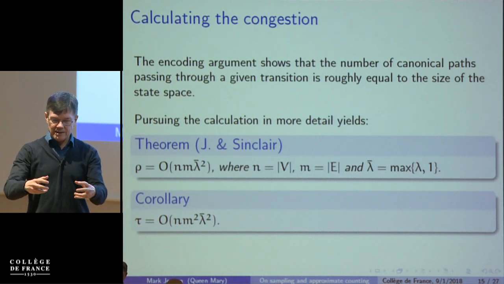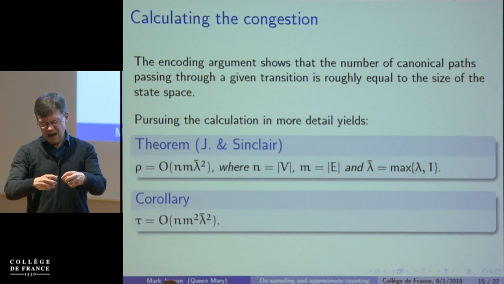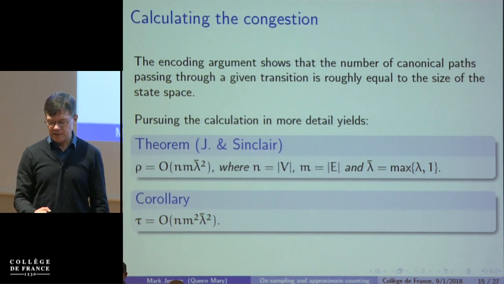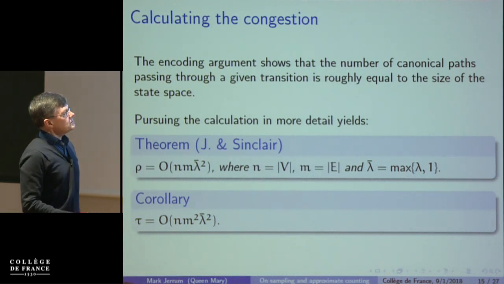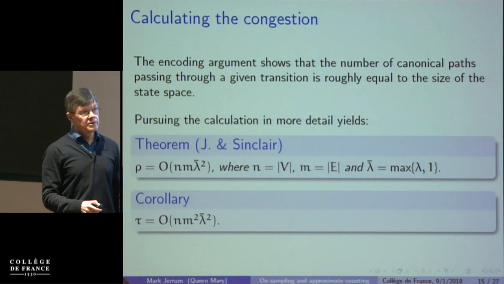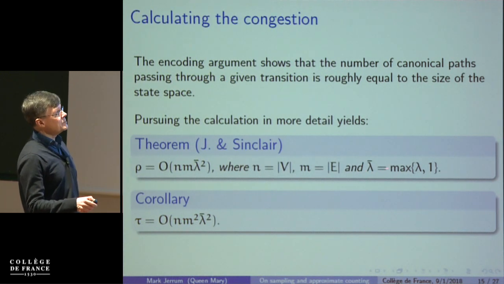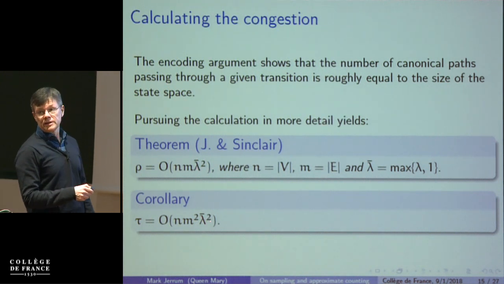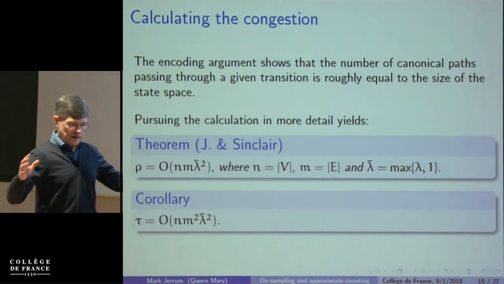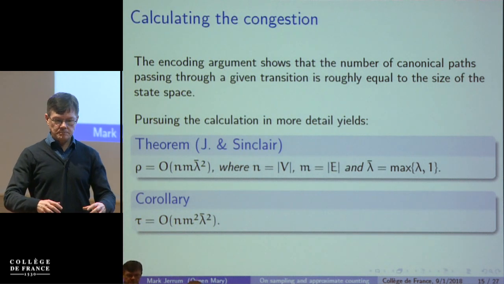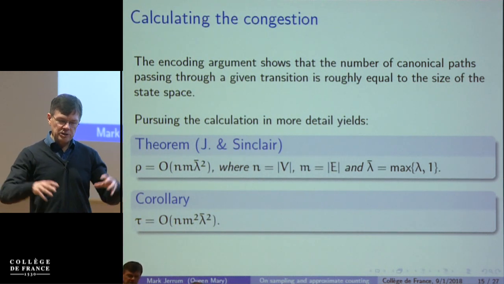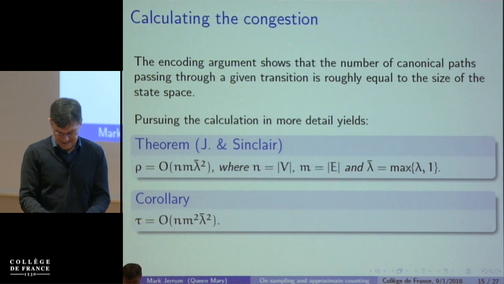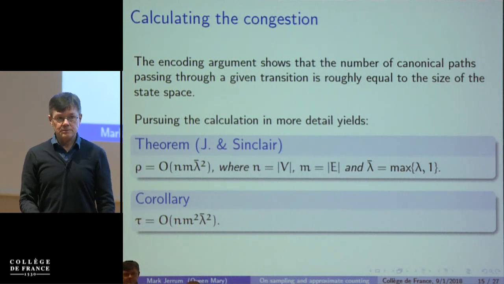And the denser it gets, the harder it is to move around the state space. So you pay for that. And so if you try to make this lambda large, then the congestion will go up and the mixing time. So this is just saying that as you put more things in, as you force more edges into the matching, it gets more rigid.